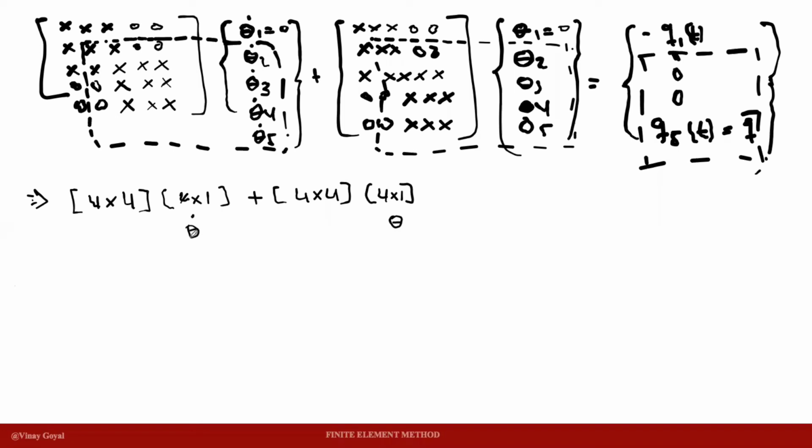The forcing vector is also 4x1. In general, the form of this is C, the capacitance matrix, times d dot, plus K, the stiffness matrix, times d, equal to f. So this is C, this is K, and this is f.